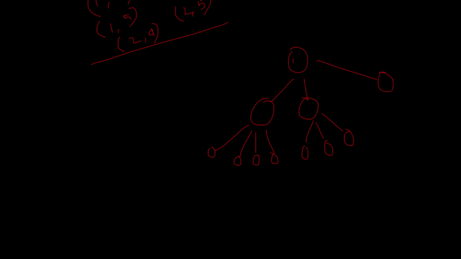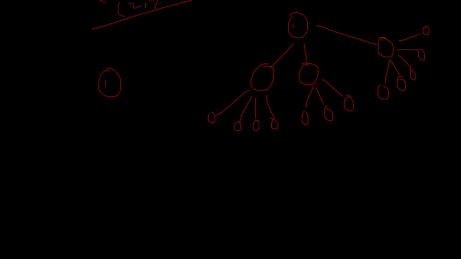And here there is a node with five children. So if I write it in short, this left side has four children, this middle one has three children, and this one has five children.